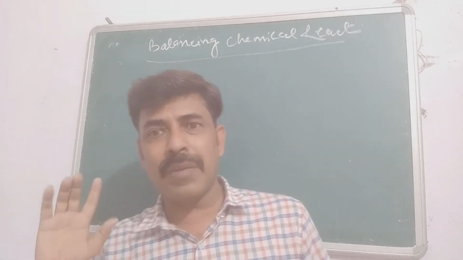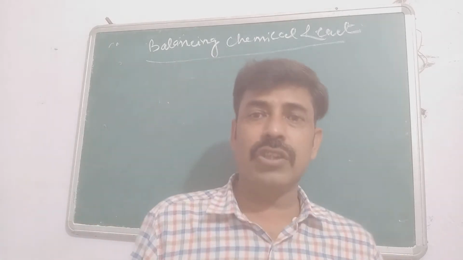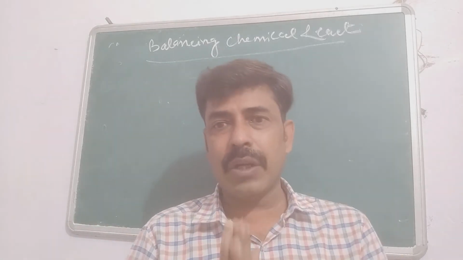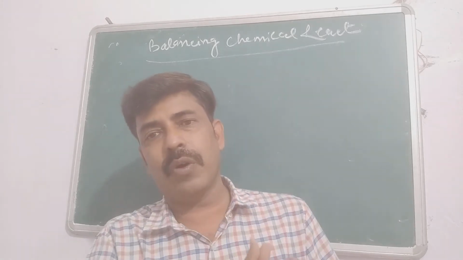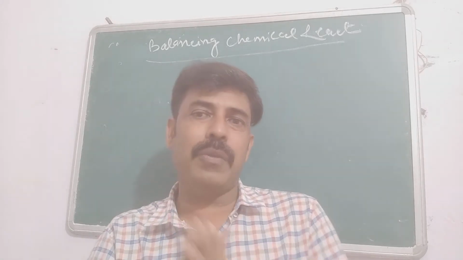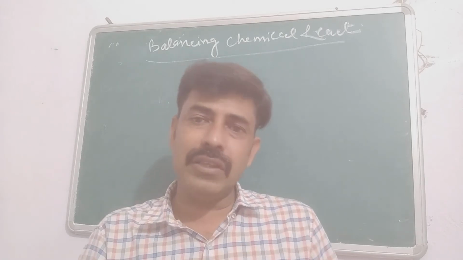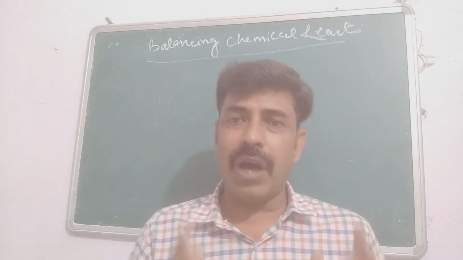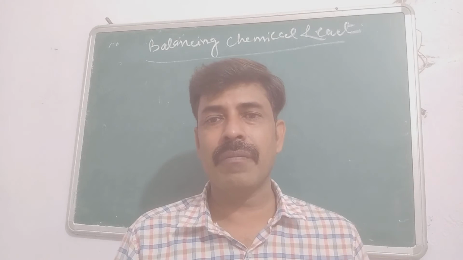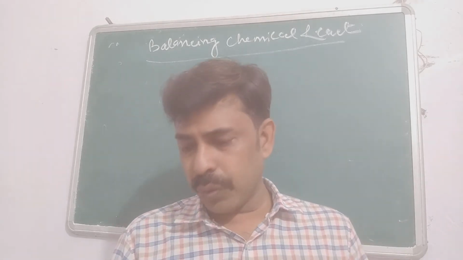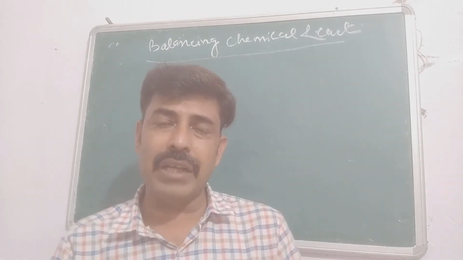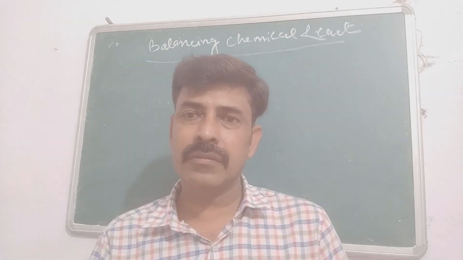So in this chemical process the material is not going to be destroyed, so whatever amount of reactant you have used, the same will be the amount of product. The amount of reactant must be equal to the amount of product, and in this way the mass is conserved. So we write the balanced equation.